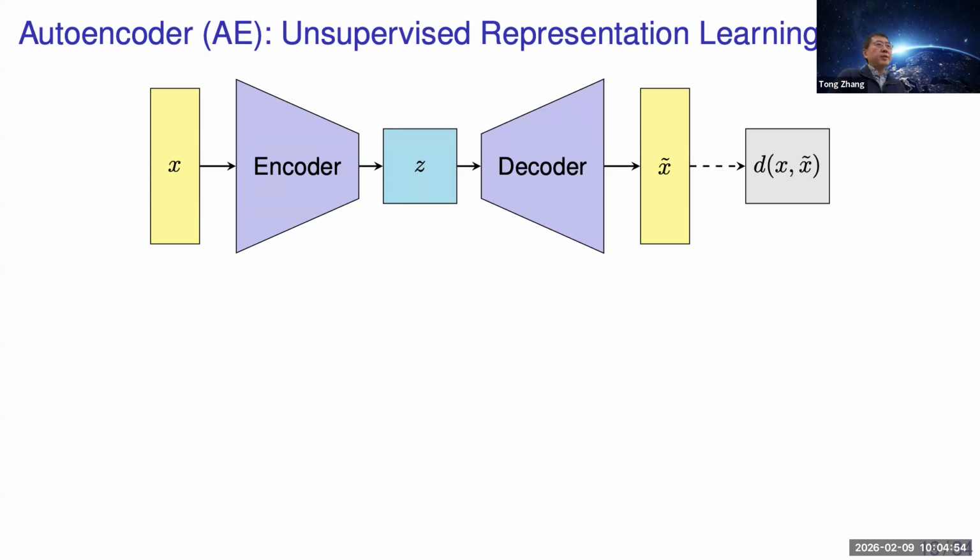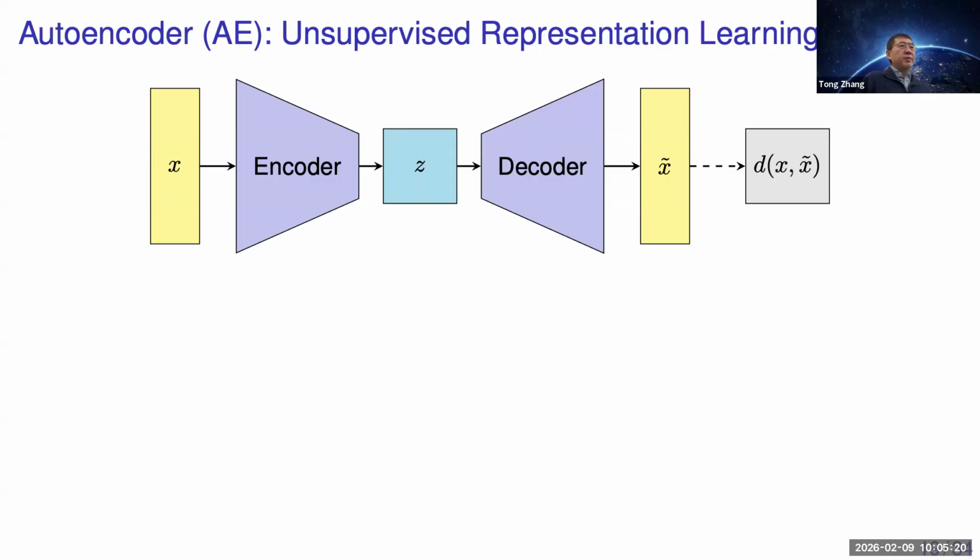But the autoencoder is a little bit more ancient version. I'm sure it appeared quite early, maybe even in the 80s or 90s. I don't know exactly how early, because people just talk about it as natural.